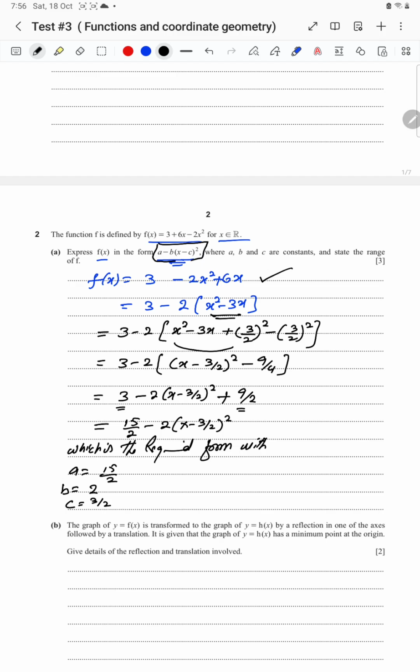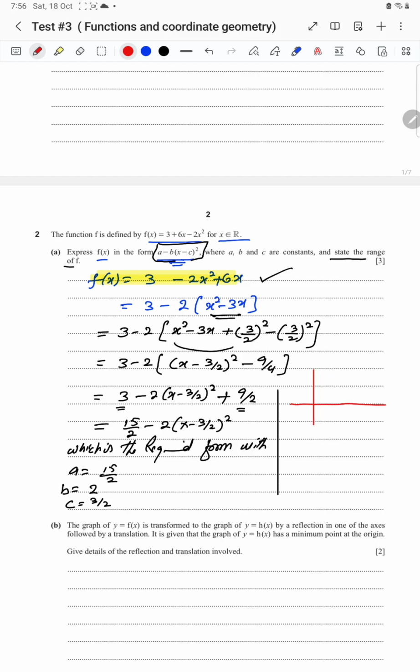And now we have to also do one more thing with this question, and state the range of f. You can see this figure, this given expression, that is quadratic expression, and here the coefficient of x square is negative, so it says a is negative. And if you can sketch the figure, it will be roughly sketch.